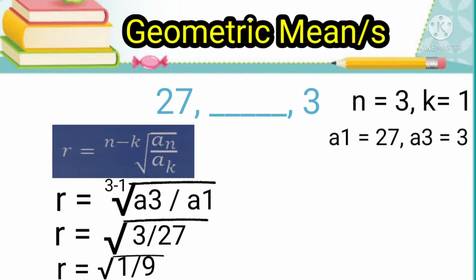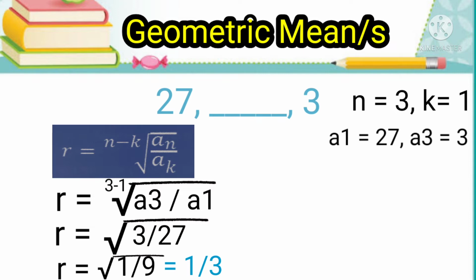To get the square root, we will get the square root of the numerator and also the square root of the denominator. So, square root of 1 is 1 and square root of 9 is 3. So, therefore, the square root of 1 over 9 is 1/3. And this is now our common ratio of the given geometric sequence, which is 1/3.